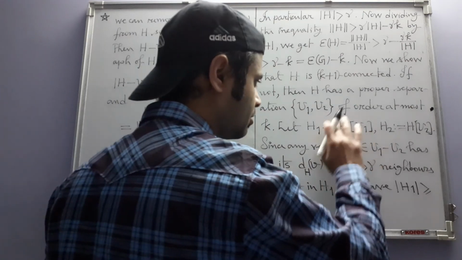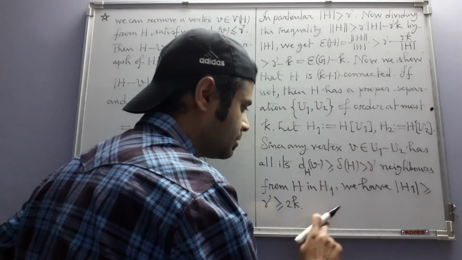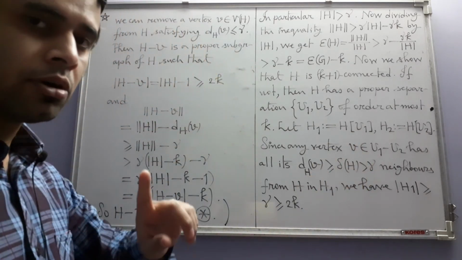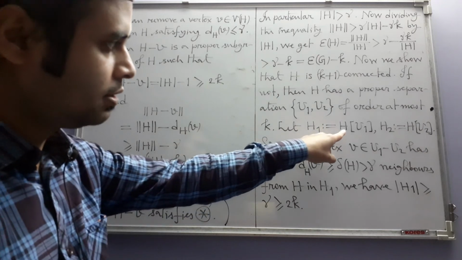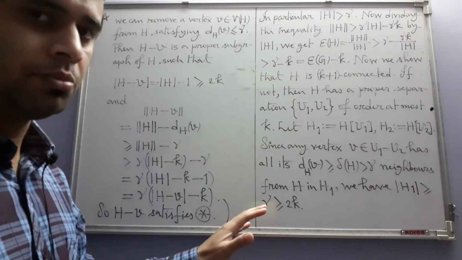That is the definition of induced subgraph, right? If you consider two vertices in U1 which are originally adjacent in H, then in the induced subgraph also they will be adjacent.